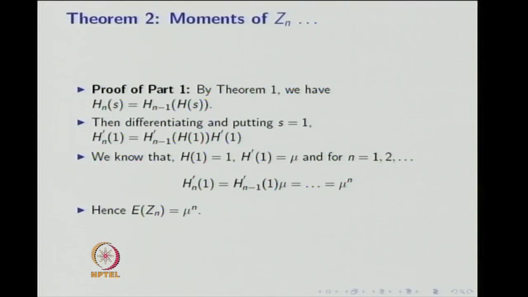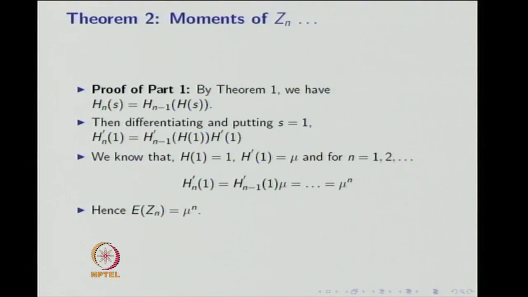We will prove part 1, that is expectation of zn is equal to mu power n. By theorem 1, we know that hn of s is hn minus 1 of h of s.